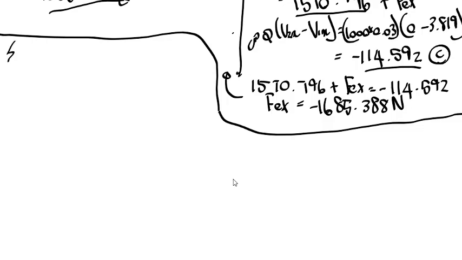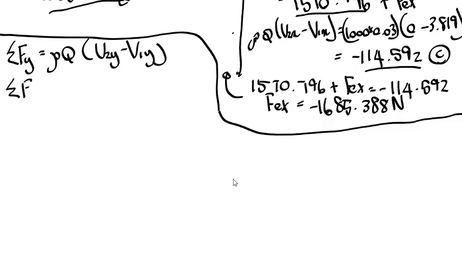Okay, so we have the sum of the forces in the y direction is equal to, again, rho discharge times (V2y minus V1y).